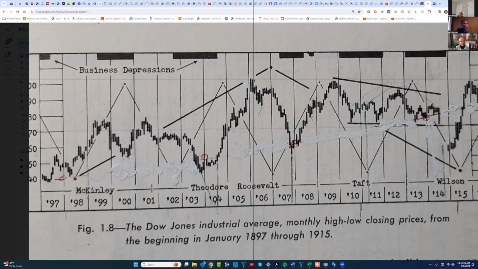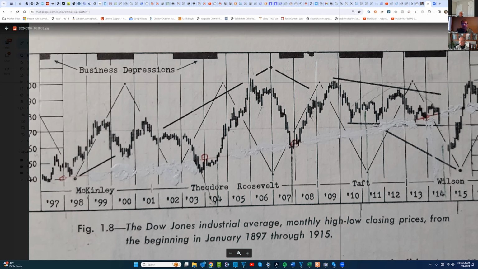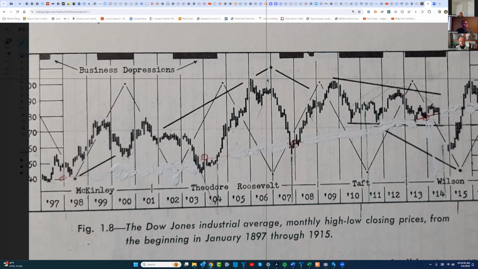And here's the high right here. And as you can see, even later on in 09, when we had a big rally, it did not get up to that 06 high. So it was a very important high that lasted for almost a decade. Okay. I wanted to show you that to see how that one had actually been pinpointed.